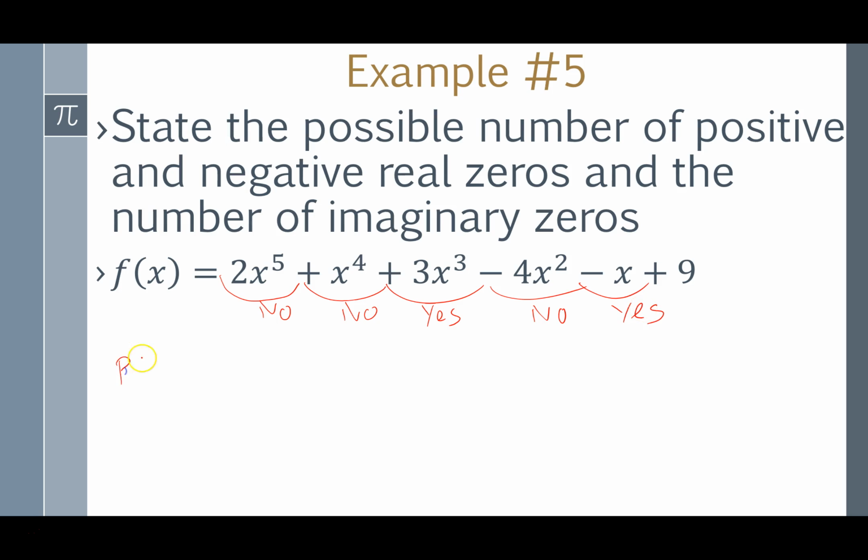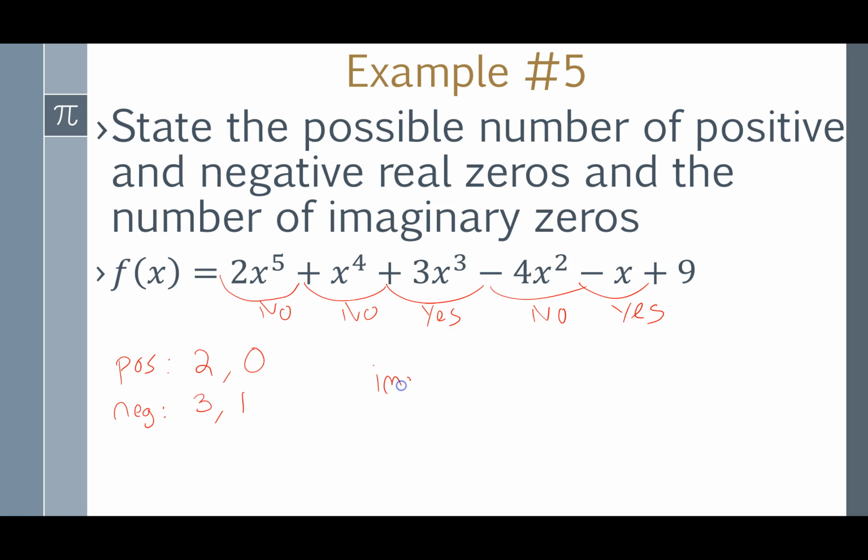So for our positives, we see that we have 1, 2 yeses. So the total possibility for positives is 2 or 0. For our negatives, we have 1, 2, 3 no's. We could have had 3 negatives or 1 negative. Again, we have to end once we get to a 0 or a 1, because we can't have less than 0 solutions. And if I decrease 1 by 2, we'd get a negative, and that doesn't make any sense.